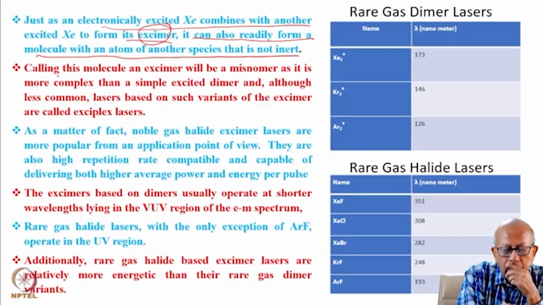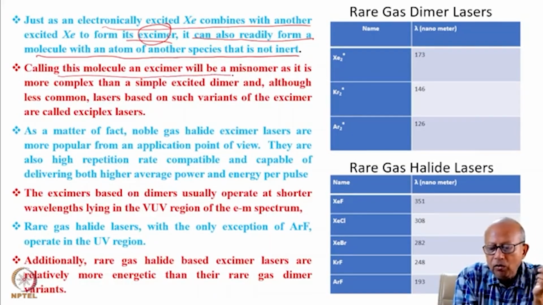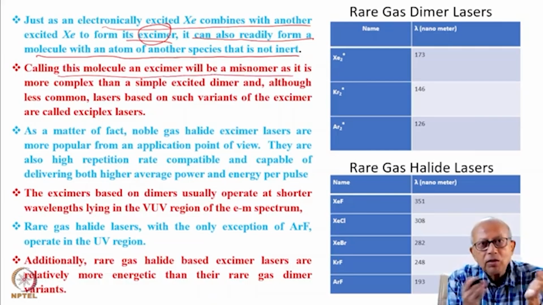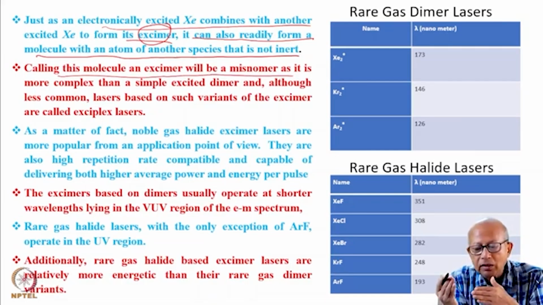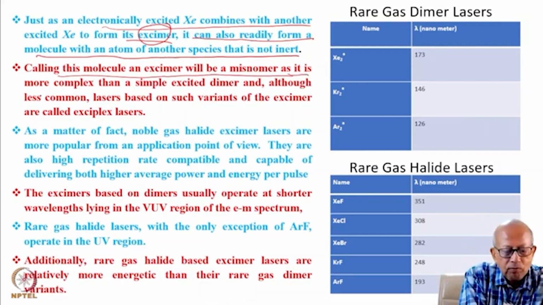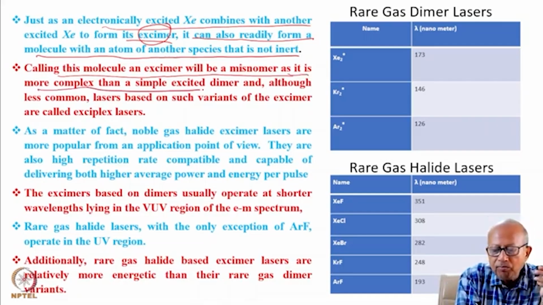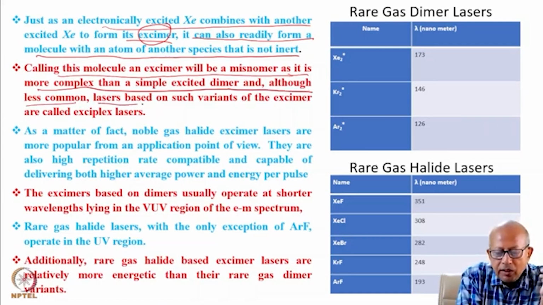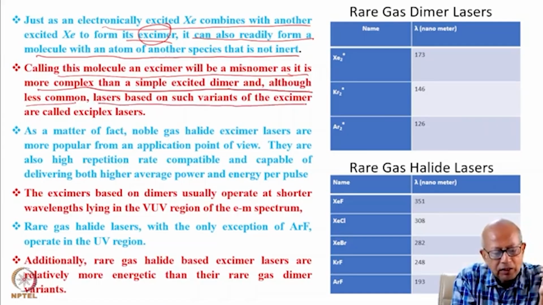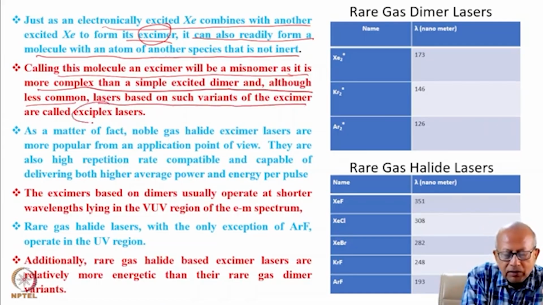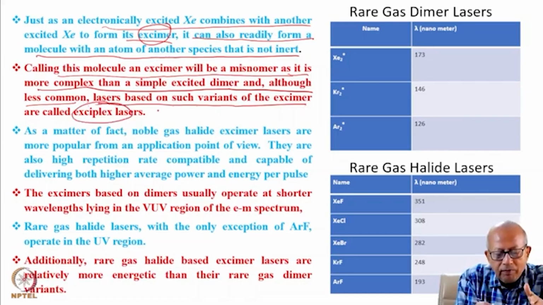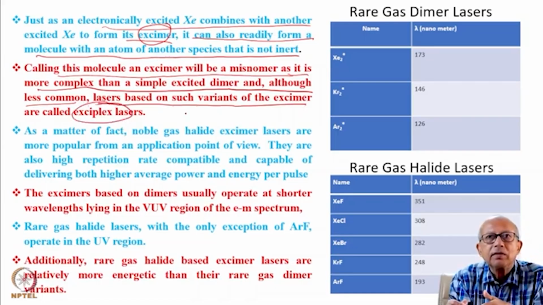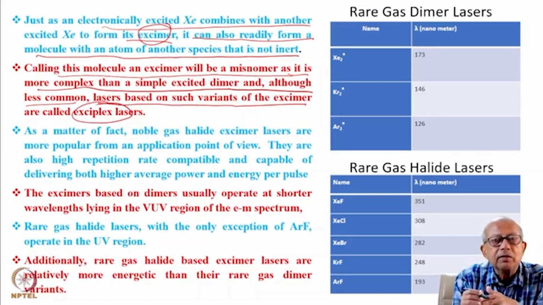So calling this molecule an excimer will be a misnomer. We cannot call it an excimer now because it is not a dimer, it is not an excited dimer, as it is more complex than a simple excited dimer. And although less common, lasers based on such variants of the excimer are called exciplex lasers, that is excimer complex lasers, excited complex lasers.